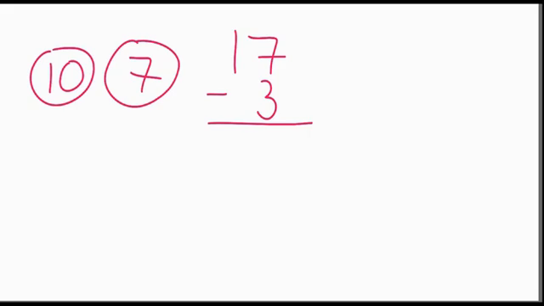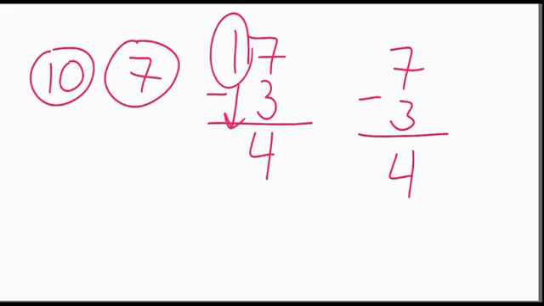So when you break it apart like that, then what you're really going to be looking at is 7 minus 3 first. And now you just count back: 7, 6, 5, 4. And then you've got 4. So you would put the 4 right here. And then all you're doing at this point is taking this 1 right here and dropping it down. So that means that 17 minus 3 is 14.